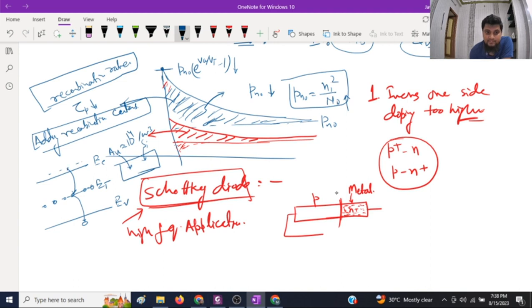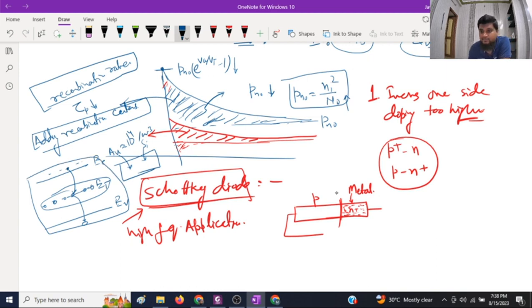There are different analogies. If it was already filled, you can say that holes are moving to this side or electrons are moving to this side. So these recombination centers accelerate the recombination rate.